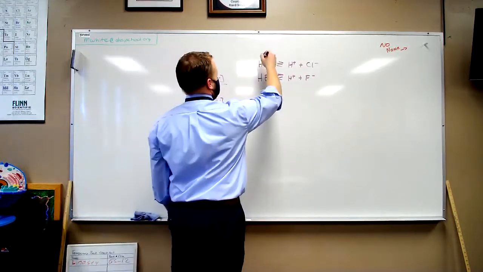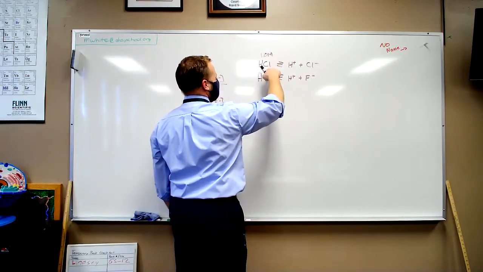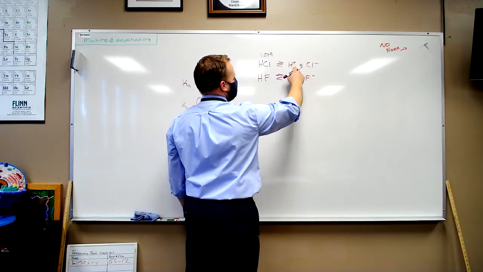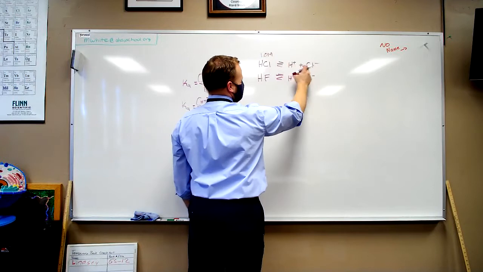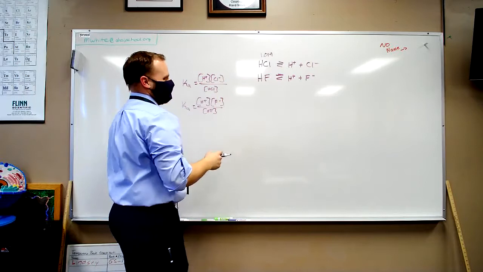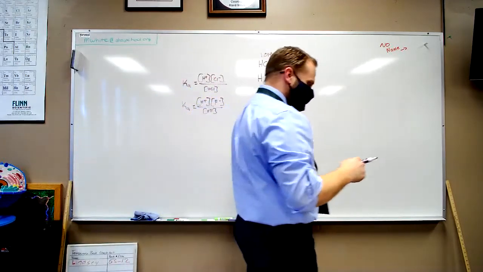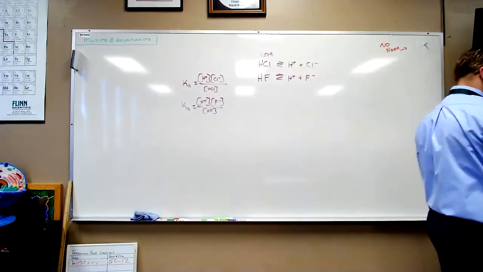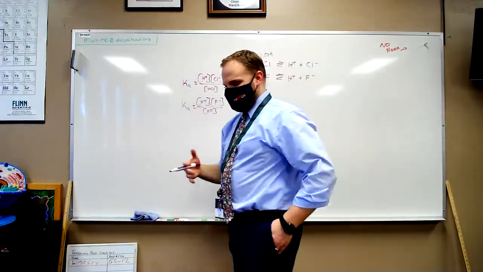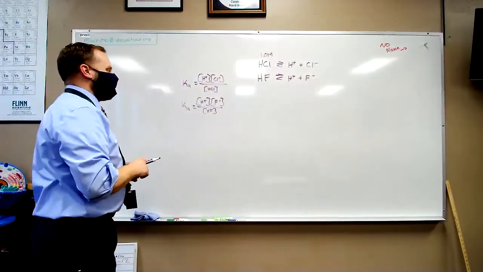If we said that we have 1 molar hydrochloric acid, pretty much all of that is over here, which means the concentrations of both of these are going to be 1 molar. So we can put those in there, and you don't really have to deal with the Ka. Much like the KSP. We don't really calculate a KSP for things that dissolve very readily because it just doesn't really make that much sense.